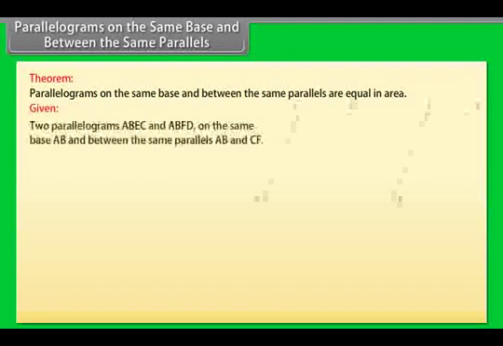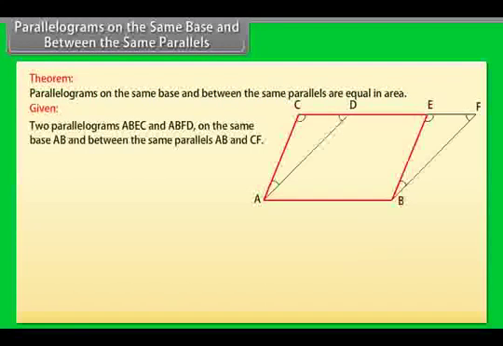Proof. 2 parallelograms ABEC and ABFD on the same base AB and between the same parallels AB and CF are given. We need to prove that area of ABEC equals area of ABFD.